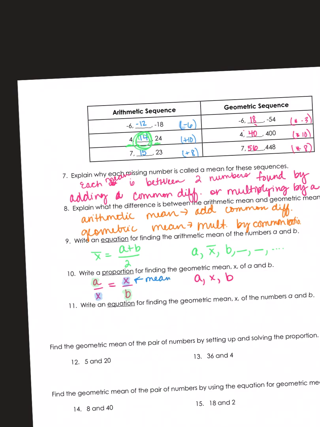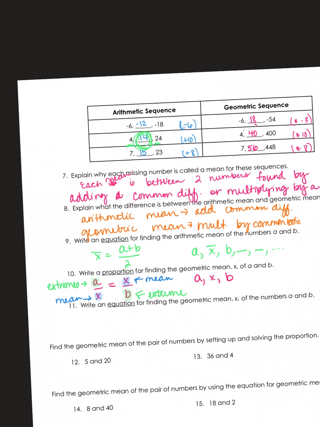So this x is a mean, and then a and b are our extremes. If you remember how I described this, I said that the mean is nice and safely in the middle, and the extremes are living on the edge. So if you read that proportion, a over x equals x over b, a and b are living on the edge. They are extreme, okay?